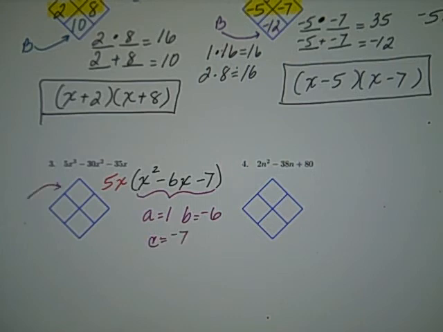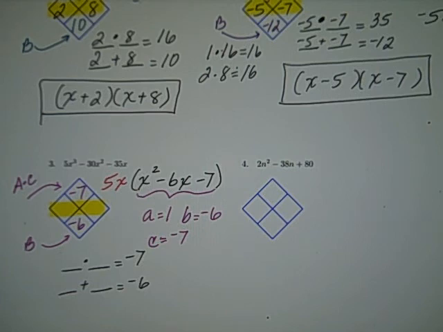The top would be A times C. The bottom is your B. So A times C is negative 7, and B is negative 6. Now we need to find the left and the right, which means finding two numbers whose product is negative 7 and whose sum is negative 6.